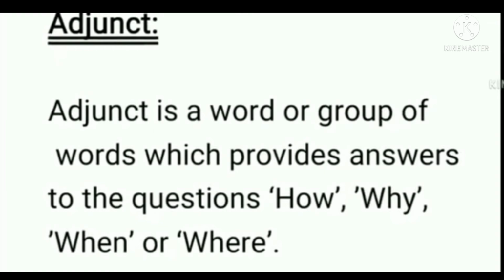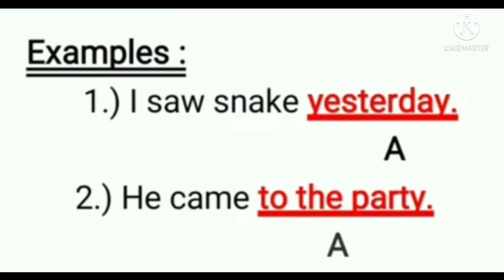Even if it is removed, it makes no harm to the sentence. So I saw a snake yesterday. Here the word yesterday is the adjunct. It answers the question when. So when did you see the snake? Yesterday. And even if we remove the word yesterday, the sentence gives a complete meaning. So yesterday is the adjunct.